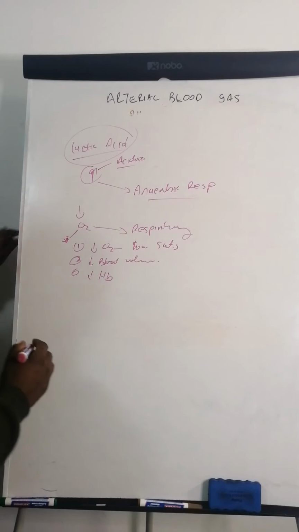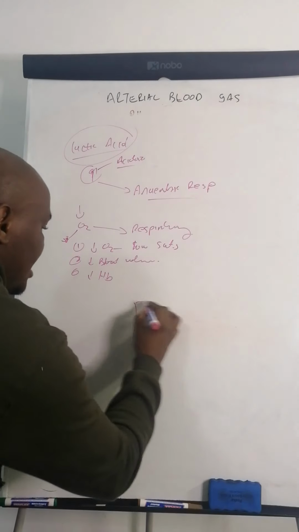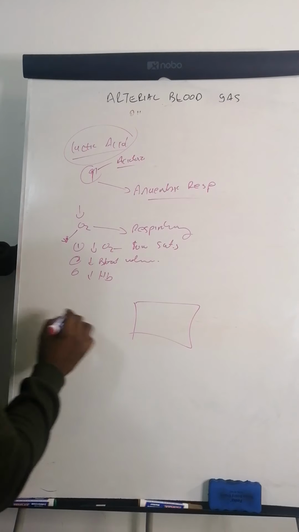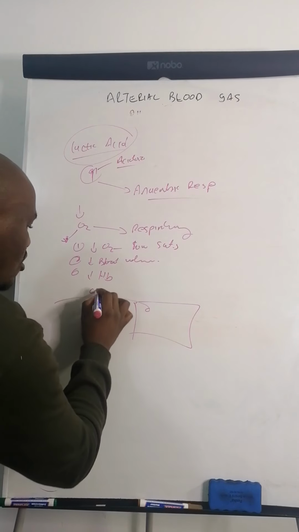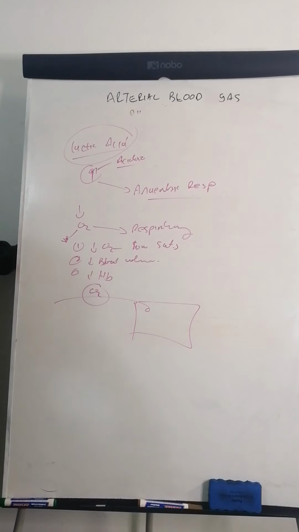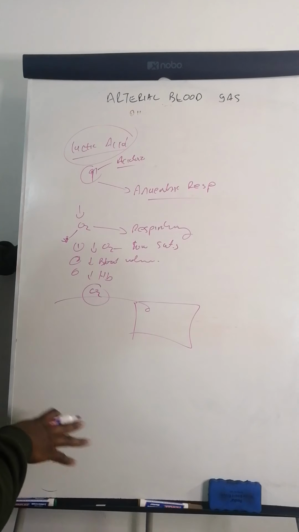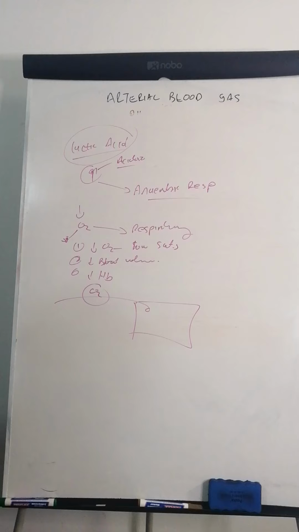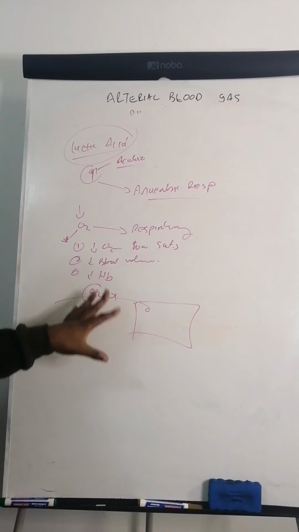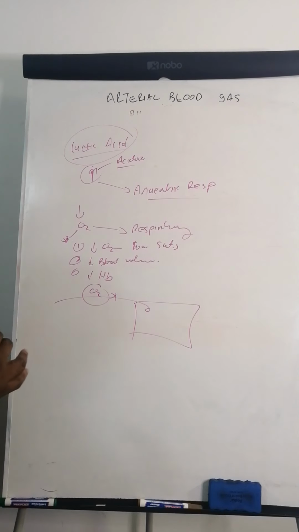what you want to do, you have a cell, and you want to deliver O2 to this cell so that it can respire and give you ATP using oxygen. But now you don't have this. What are the causes of you not being able to deliver oxygen to the cell? One could be that you don't have enough oxygen.